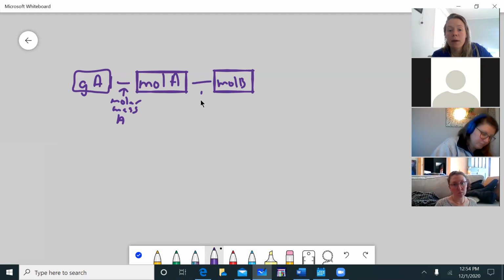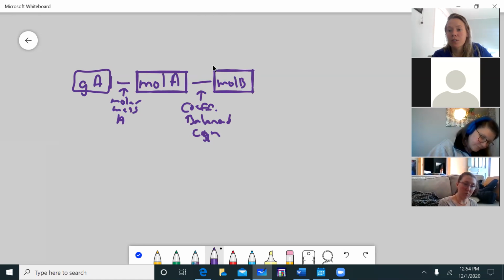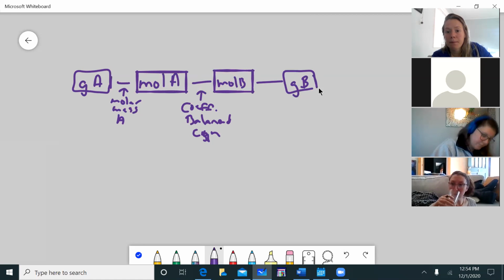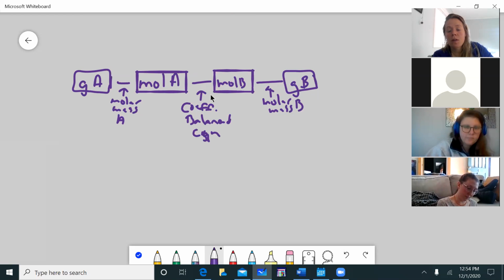And the way we can do that is by using the coefficients off a balanced equation. So, is it a 1-to-3 ratio? Is it a 2-to-1 ratio? Whatever, we're going to get that off of a balanced equation. And then we were hopping back from moles of B into grams of B. And that was using the molar mass of B. So that should all be review. We already know how to do that.